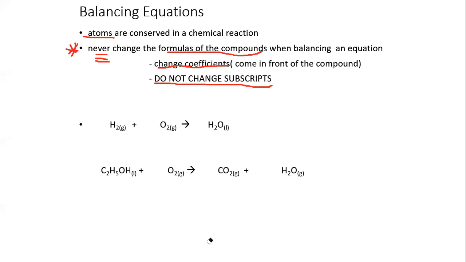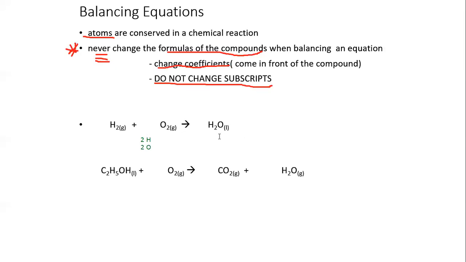But here, if we look at the first reaction, we have hydrogen gas plus oxygen gas gives us H2O liquid. So the first thing we want to do is determine the number of each element on both sides of the equation. So on the reactant side, we have 2 hydrogen and 2 oxygen. So that subscript means we have 2 of each.